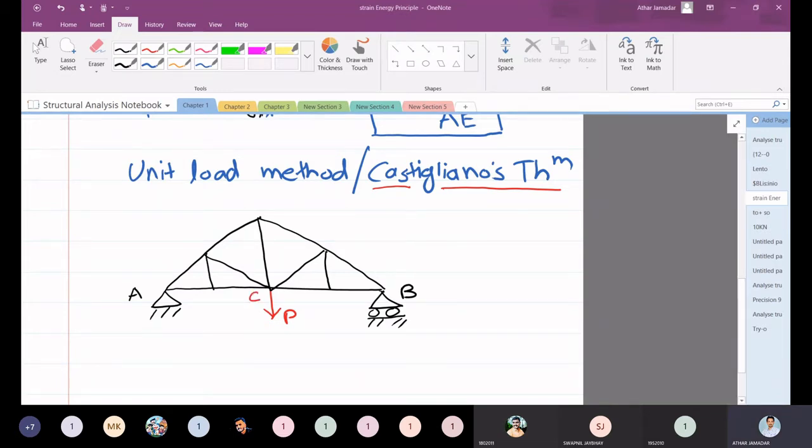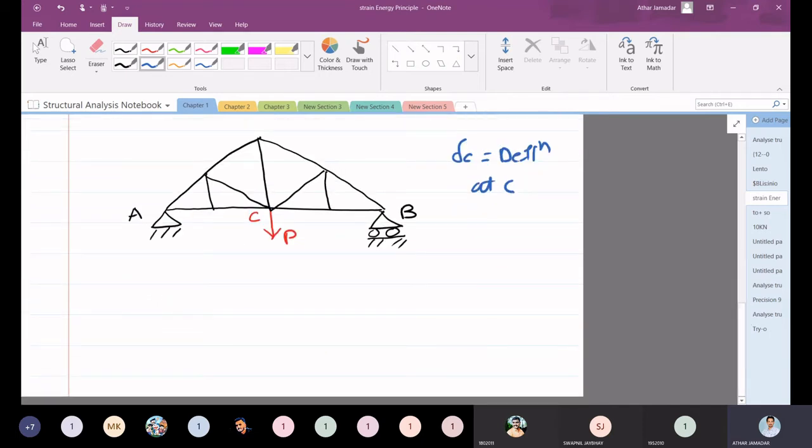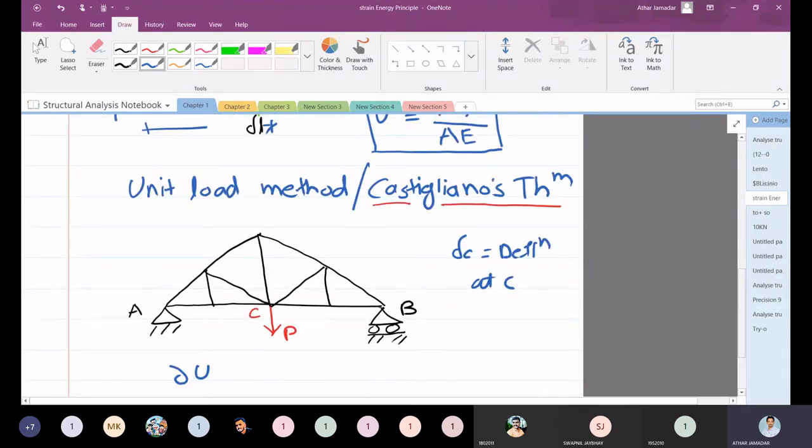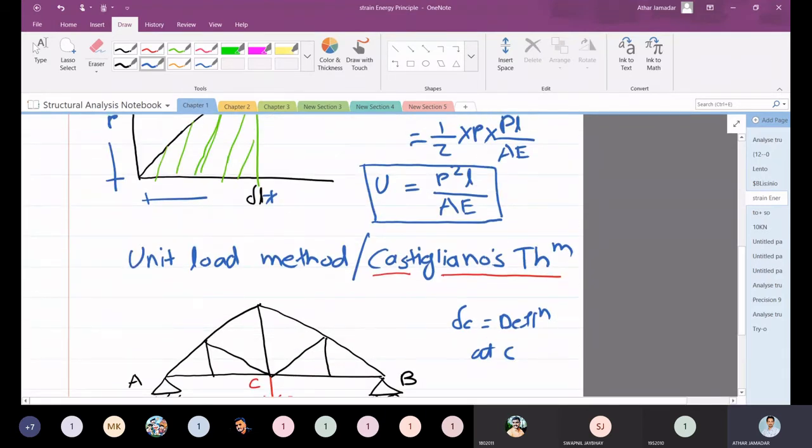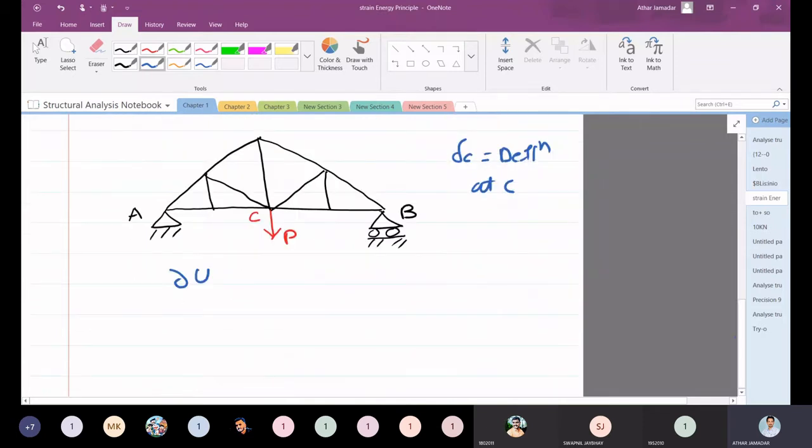If you want to find out the deflection at point C, we will name it delta C. What does Castigliano's theorem state?